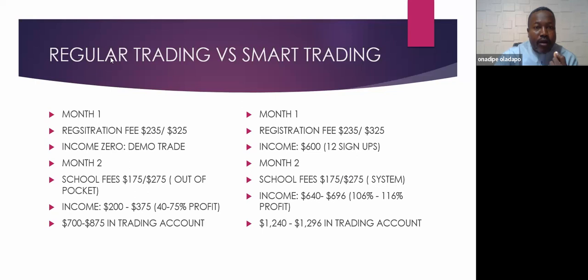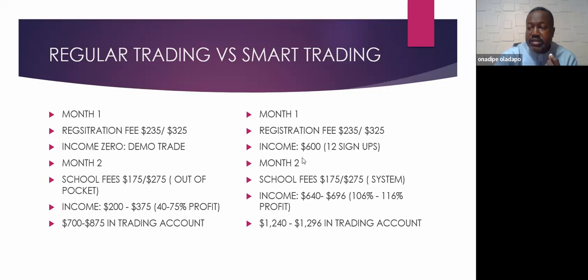So for the regular trader, his income by the end of the second month is $200 to $375, which is 40 to 75% profits. And his trading account will reach $700 to $875.